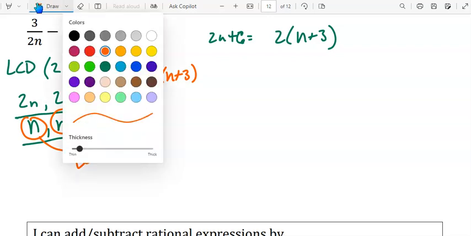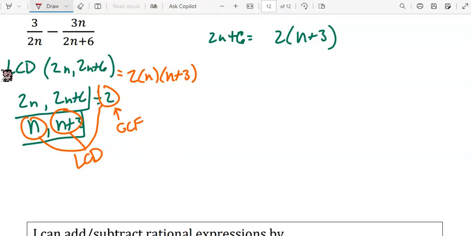Okay, so from there we want to figure out what to multiply each fraction by to get this. So the first fraction we're going to multiply by n plus 3 over n plus 3. And then the second fraction we're going to multiply by n. Because there we have the 2, and there we have the n plus 3, they just need another n.